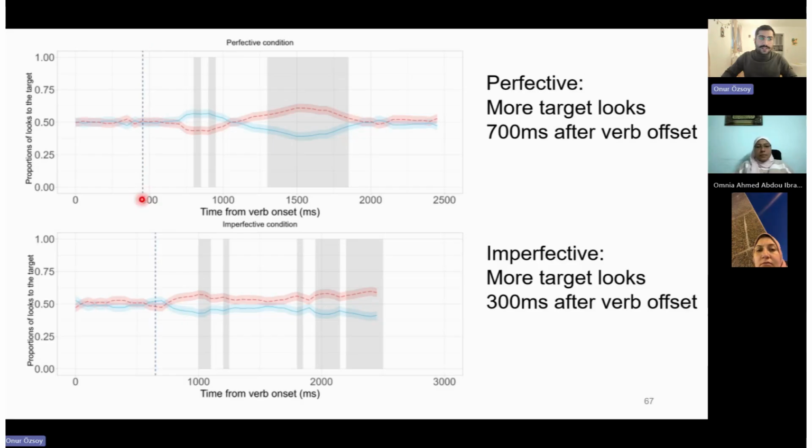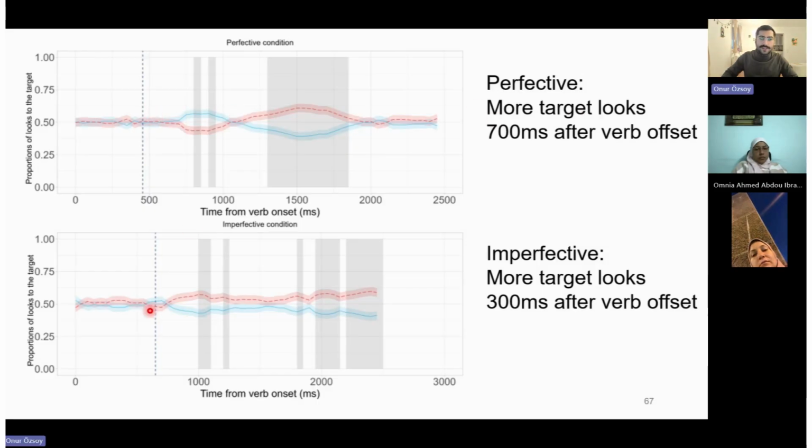This dotted line marks the end of the verb in the sentence. So what actually happens is that between the start of the verb and people looking significantly more to the correct picture, we have like 800 or 700 milliseconds.